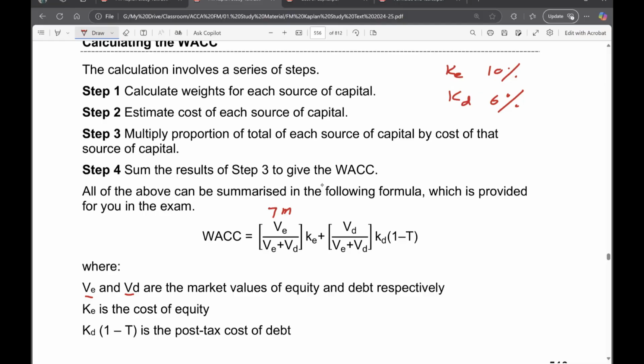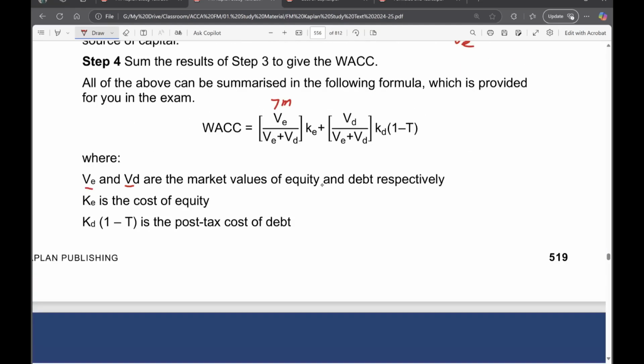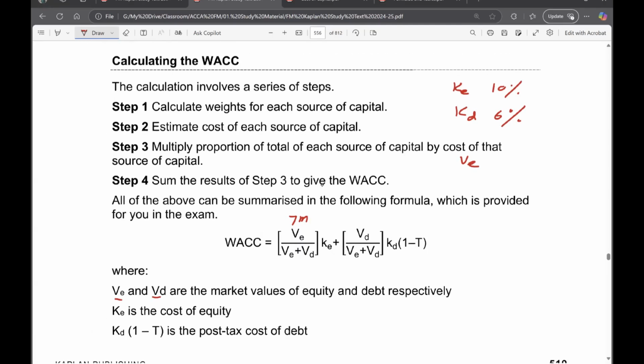Because we always use market values, we say MVE. Basically, it means we arrange 7 million of finance through equity and 3 million through debt. So basically what we are trying to do is 7 million over 7 million plus 3 million.